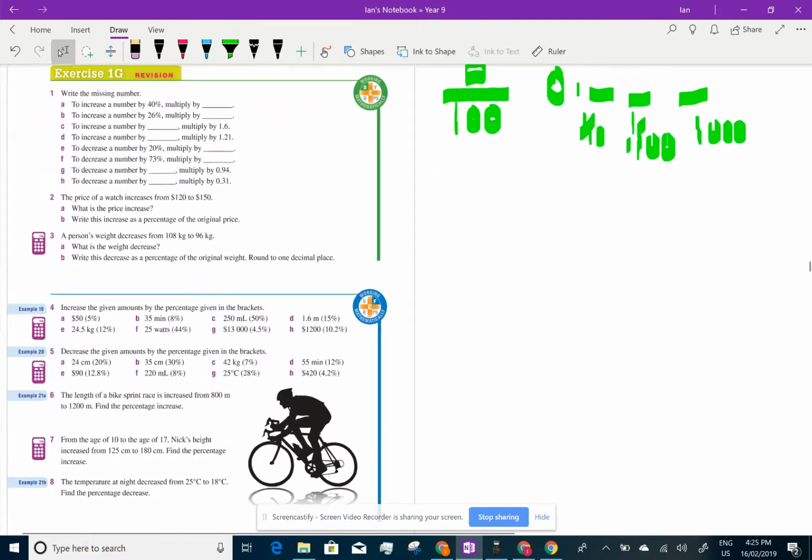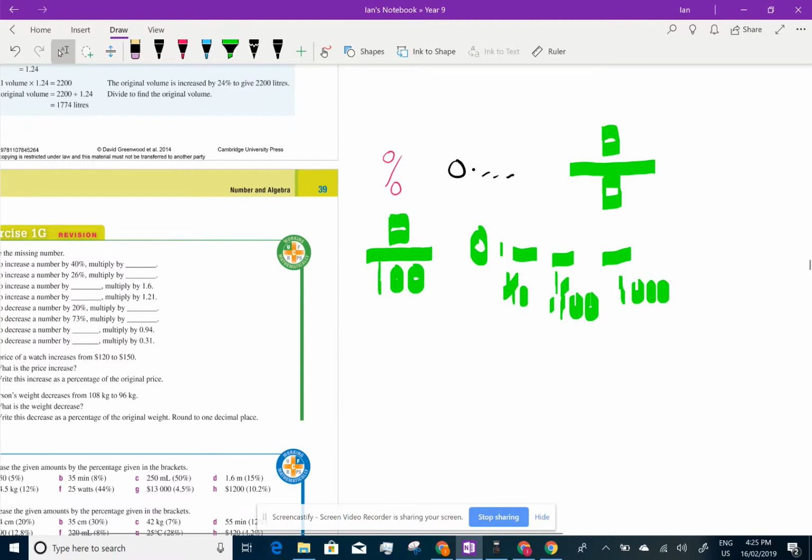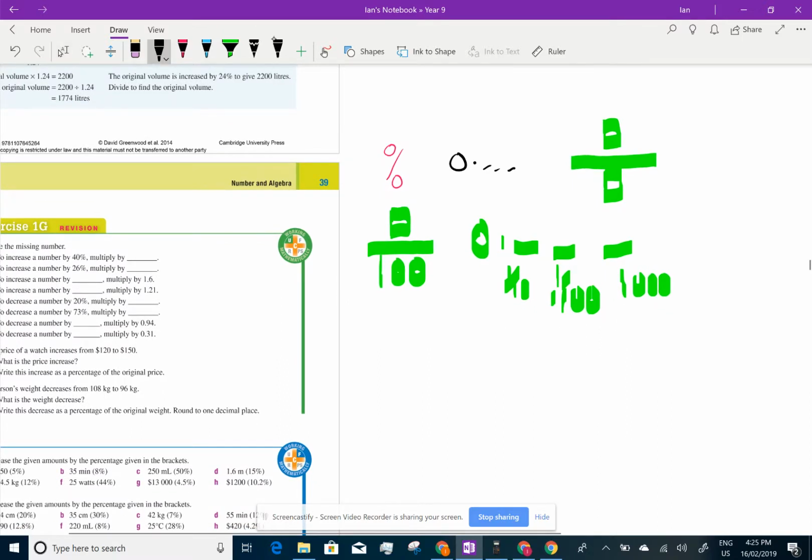So if, for example, I had 70%, that equals, the decimal point is here. I'm going to move it 2 spots because I'm going to divide it by 100. 1, 2. So that it becomes 0.7.